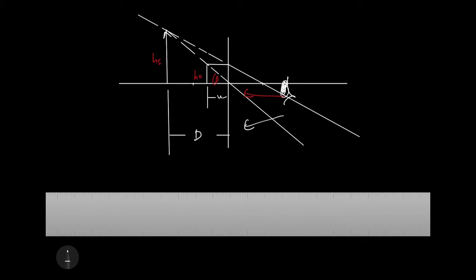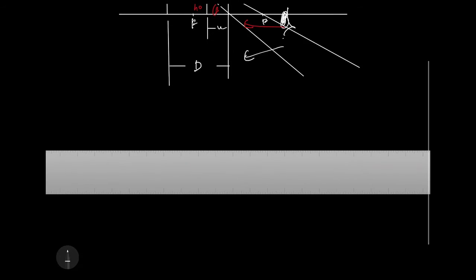So once again, the object is placed within the focal length, and the final image is an upright image which is formed at the least distance of distinct vision from the eye, which is supposed to be very close to the lens.